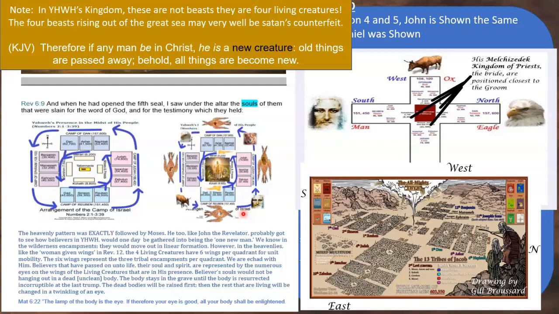In the King James Version, it reads, therefore, if any man be in Messiah, he is a what? He is a new creature. Old things are passed away. Behold, all things are become new.